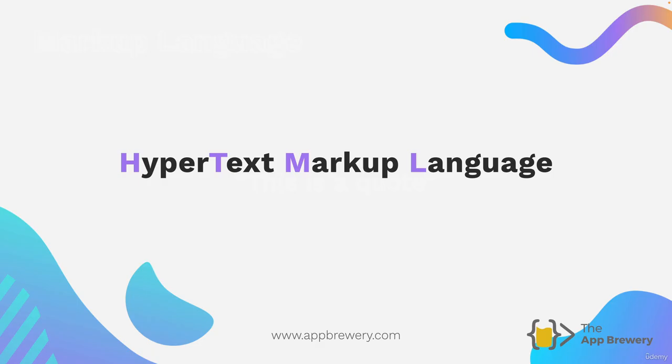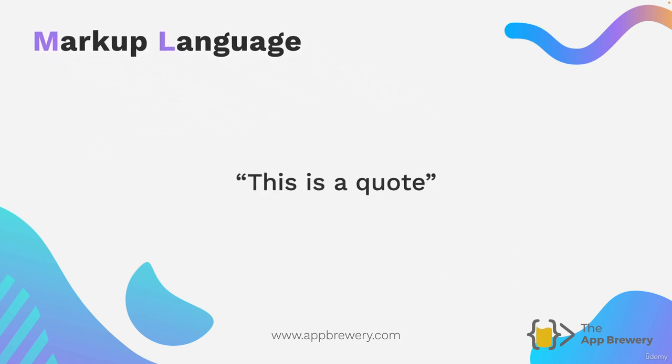So now that we know what hypertext is, what about the other part, the markup language? What is a markup language? Now, if you look at the English language, we often see little bits that function very similar to markup, like these double quotes. The presence of these quotation marks is what tells a reader that this part is a quotation.